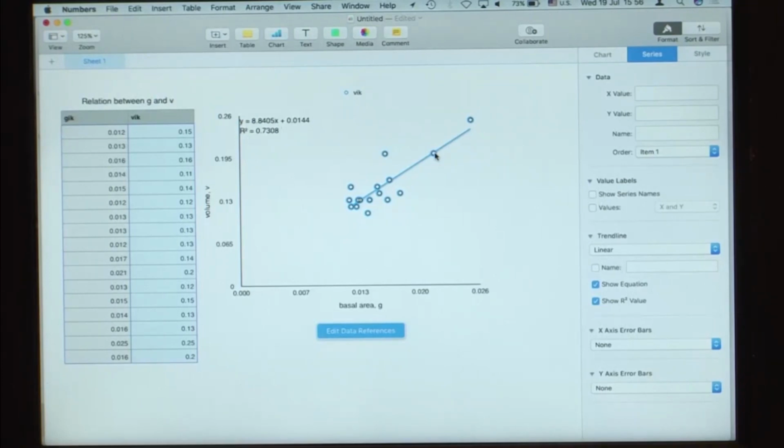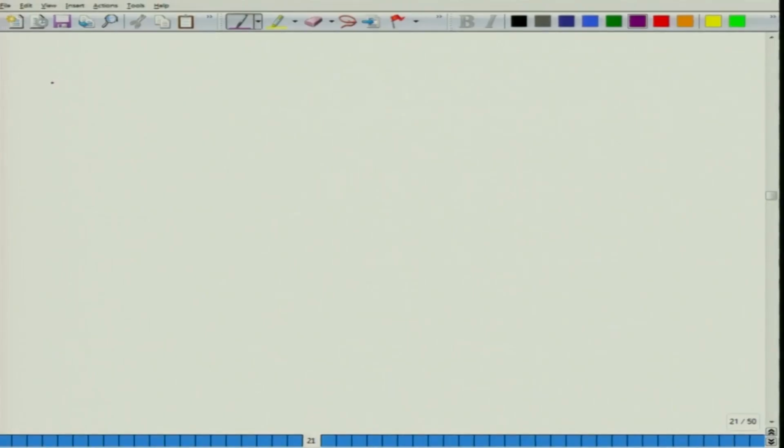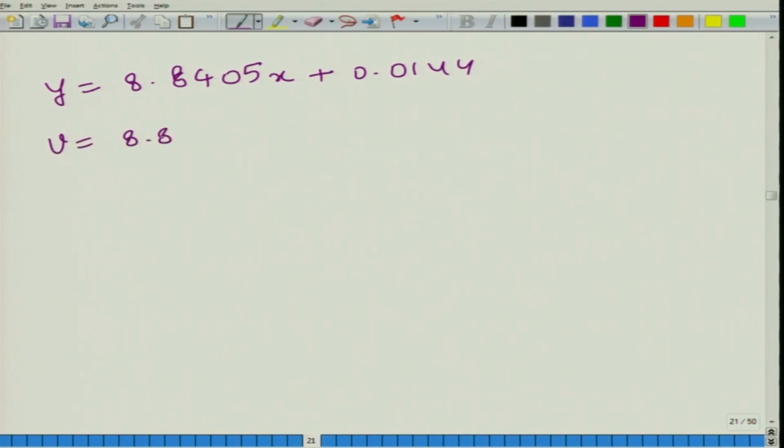Now, coming back to the tablet, we had received a formula of y is equal to 8.8405 x plus 0.0144. Here, the y value was the volume value. So, volume is 8.8405 multiplied by the basal area plus 0.0144 is the regression equation that we will get in this case.